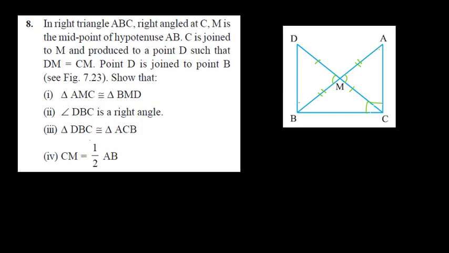So these two triangles are congruent by side angle side criteria. And as these two triangles are congruent, we have CD and AB equal. Now CD and AB equal, so their half length will also be equal. So half of AB and half of CD will be equal. Now half of CD is CM, so CM is equal to half of AB.